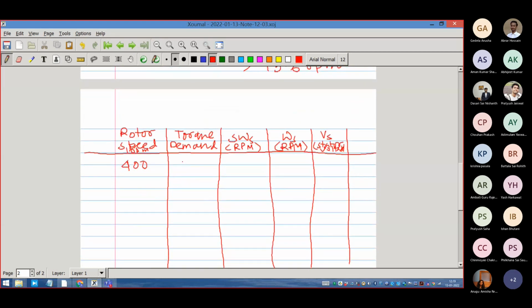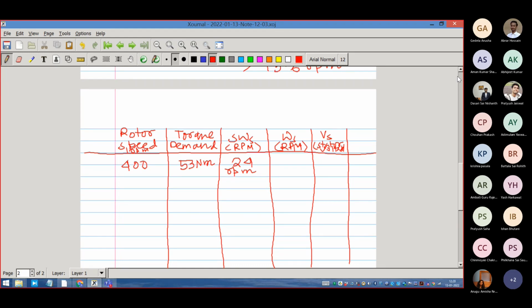So if the torque demand is now 53 Newton meter, then we get a slip of 2%, and S omega S of 1200 is the... I only know that it has to be 24 RPM, because we have calculated that S omega S becomes 24 RPM. That is unchanged.